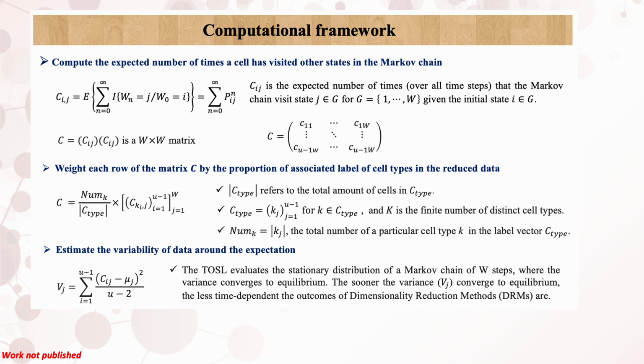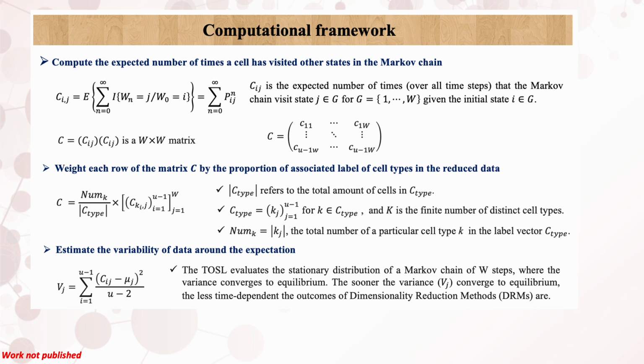Fourthly, we weighted each row of the W×W square matrix by the proportion of the associated level of cell type in the reduced data. Fifthly, we computed the cumulative sum of the weighted W×W square matrix.